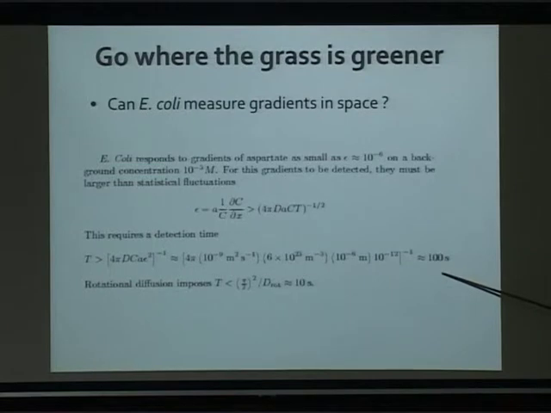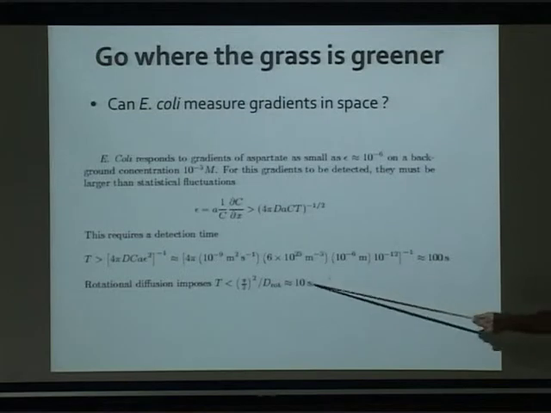Well, that's way too much to take decisions effectively on the time scale of a single run. That's because rotational diffusion imposes a limit to the way you can change behavior in response to the environment, which is 10 seconds. So it doesn't work this way.